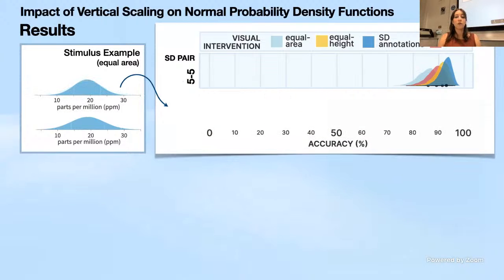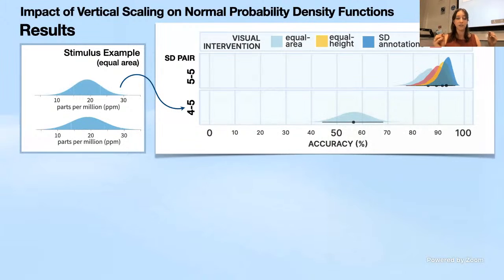But when we compare SD pairs of 4 and 5, so one plot has a standard deviation of 4, the other one has a standard deviation of 5, our accuracy drops considerably to the 50 to 60% range when those plots are equal area. And if you forget what equal area looks like, that's shown on this left-hand side, in an inset right there.